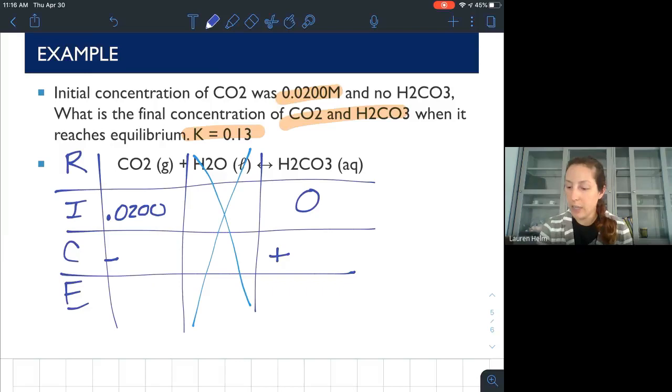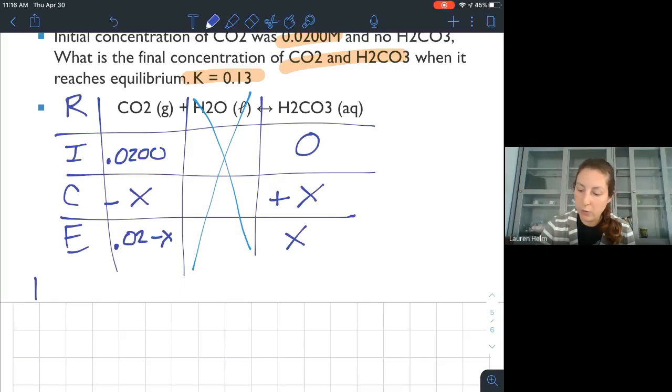How much? I don't know. Let's call it X. That means that at equilibrium, my concentration of carbon dioxide will be 0.02 minus X, and my concentration of the H2CO3 is going to be X, because 0 plus X is X.